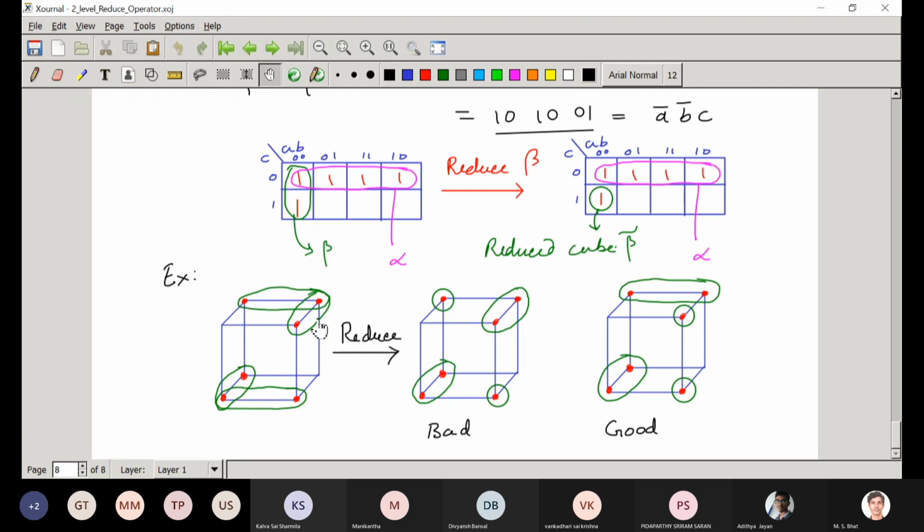So a cover with cardinality 4 is reduced to a cover with cardinality 3 and it is prime and irredundant. Okay, so that is the advantage. So this is a better reduced result compared to this. So that is the reduce operation.